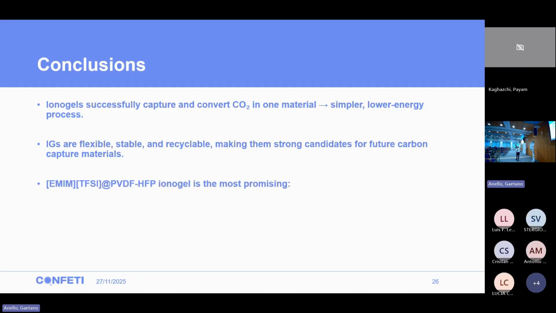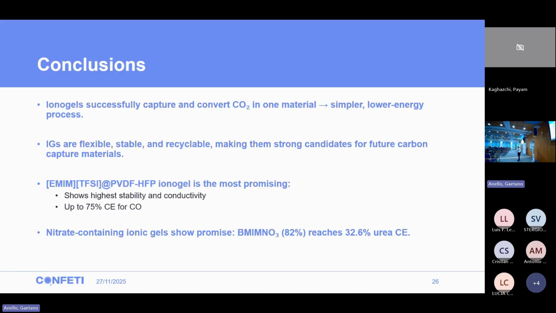And finally, the TFSI showed us the most promising results. It had the highest stability and conductivity and reached an efficiency for CO of up to 75%. And nitrate-containing gels show a preliminary promising way to produce urea with 80% efficiency.